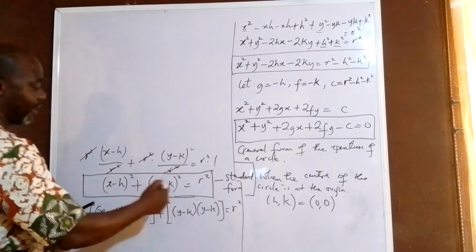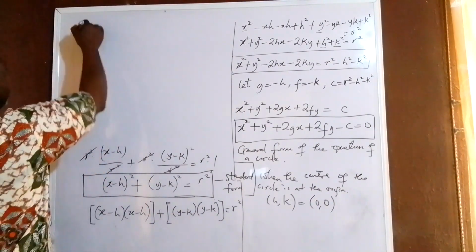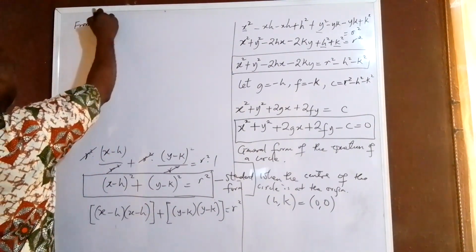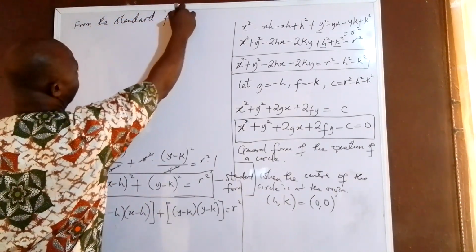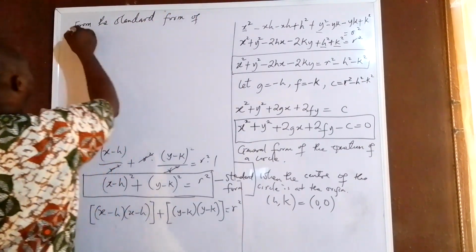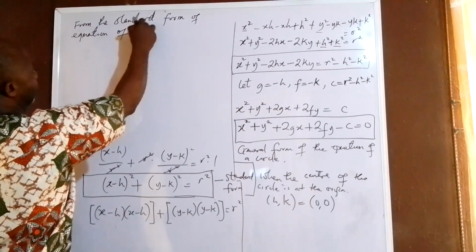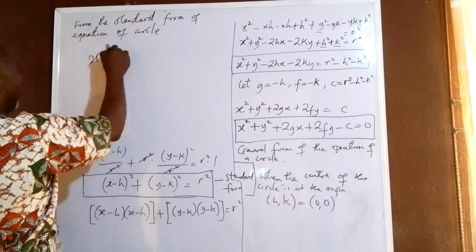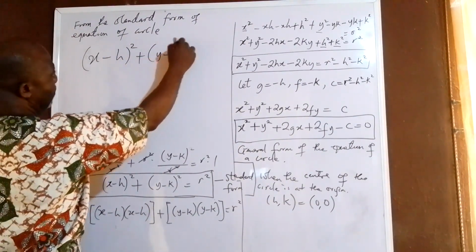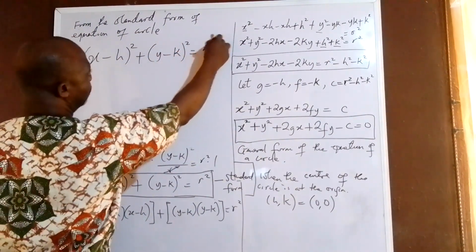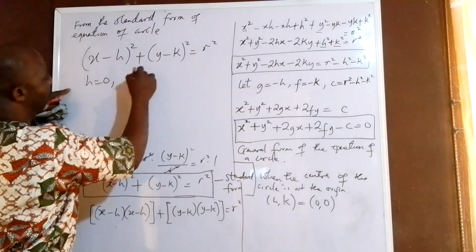So from the standard form of the equation, x minus h squared plus y minus k squared equal to r squared, we have h equal to 0 and k equal to 0.